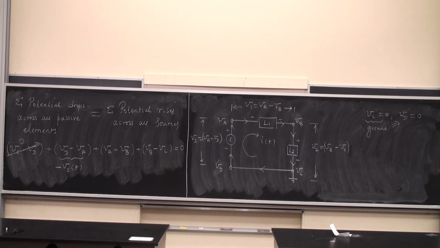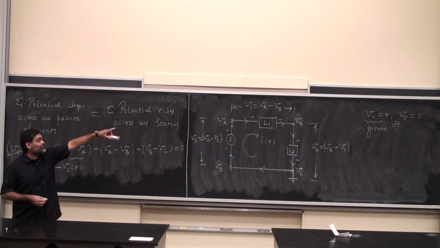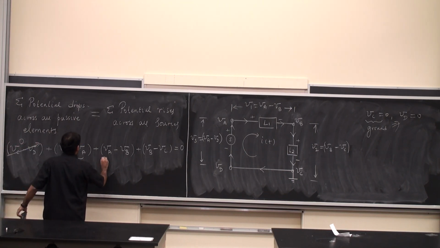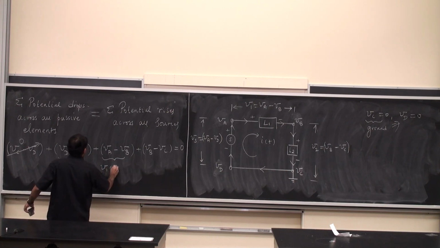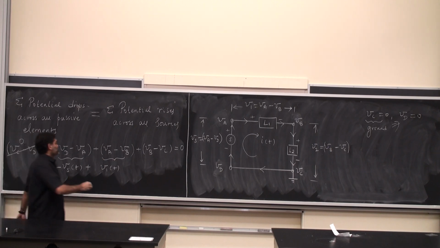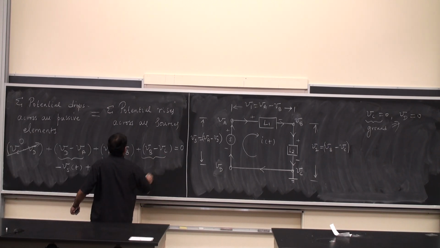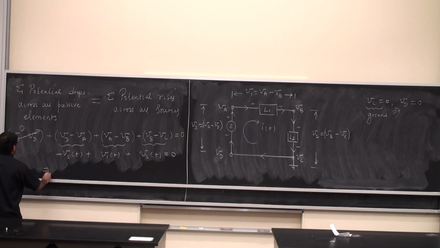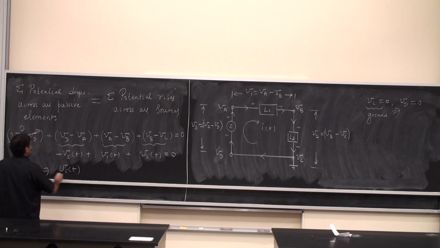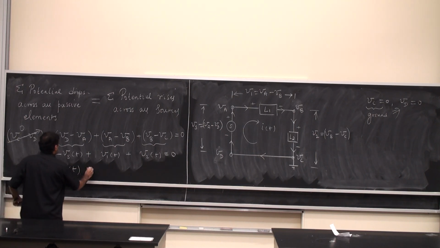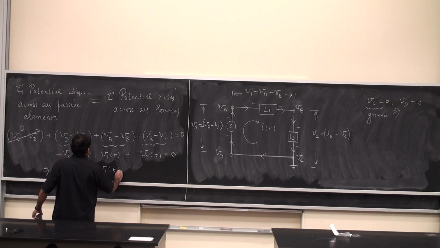V suffix A minus V suffix B is nothing but our good friend V1, which is the voltage drop across the load element, plus V1, and obviously V suffix B minus V suffix C is V2, so plus V2. You essentially see that the potential rise across the source is equal to the potential drop across the load elements, the sum of the potential drops.